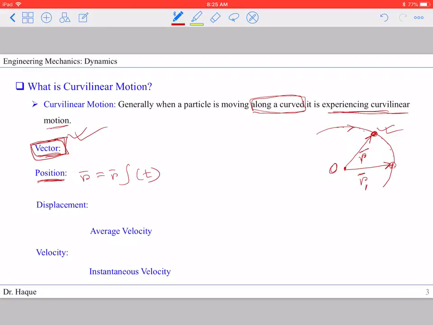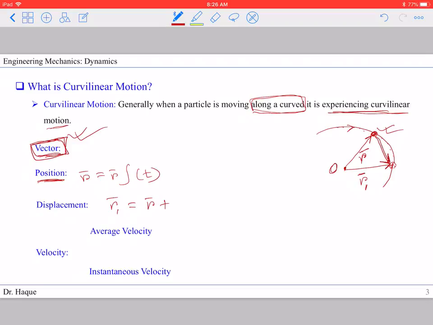Now, in vector form, we can write the new position R1 as the vector R plus another vector here.